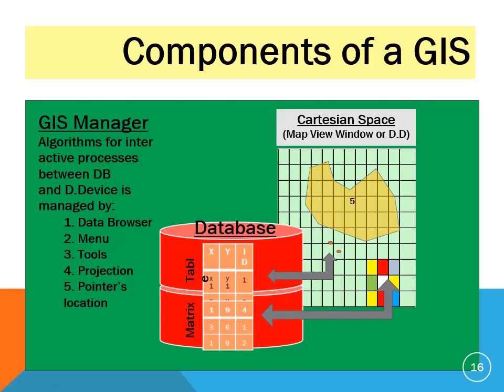The interactivity between database and display device is managed through algorithms underpinning the data browser, menus, tools, projection, and other manipulations through a pointer in a desired way by the user.